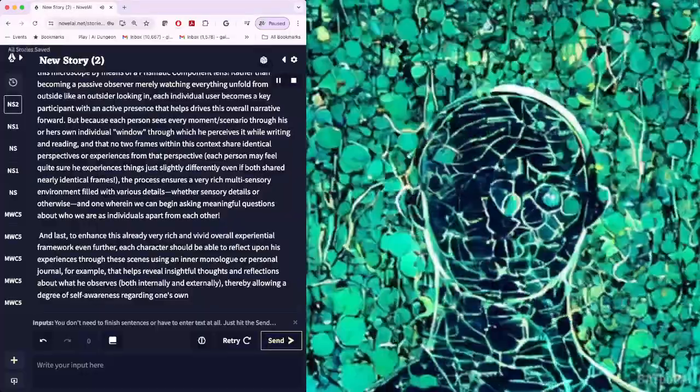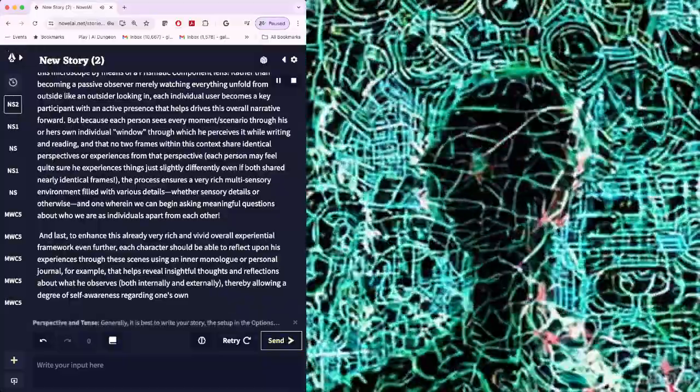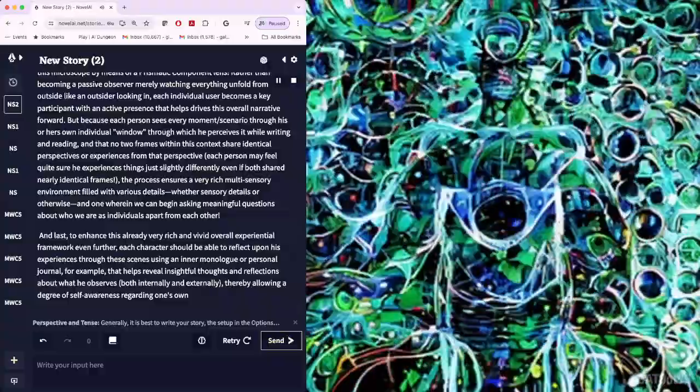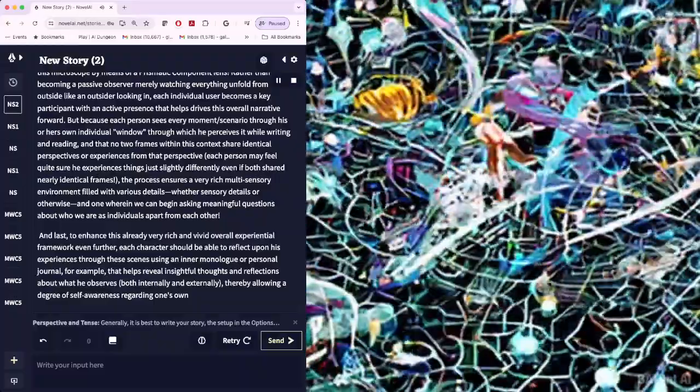This means that rather than an objective third-person observer viewing every aspect of these experiences from a neutral standpoint, they enter a unique frame of mind specific to each character that will color and shape their experiences within those story elements.